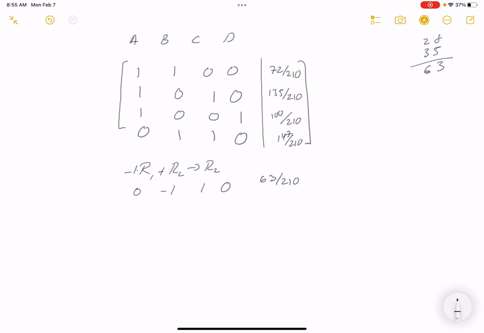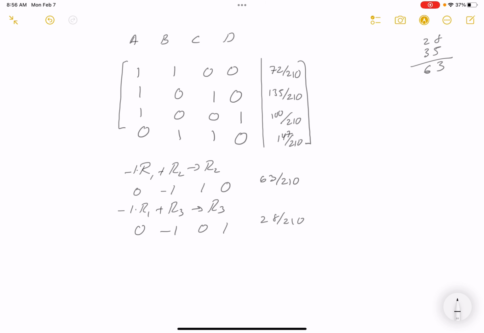And I'm also going to do minus 1, row 1, plus row 3, and give it to row 3. And let me see if I can do that. 0, minus 1, 0, 1, and that's going to give me 28 over 210. Again, it's still reducible, but I'm not going to reduce it.